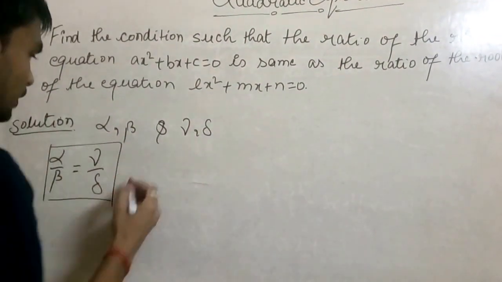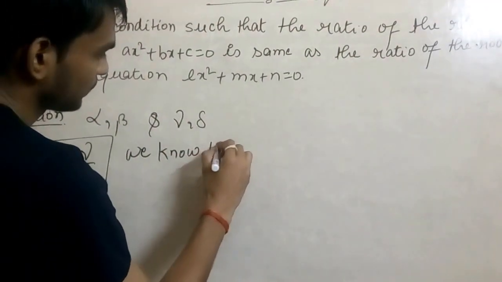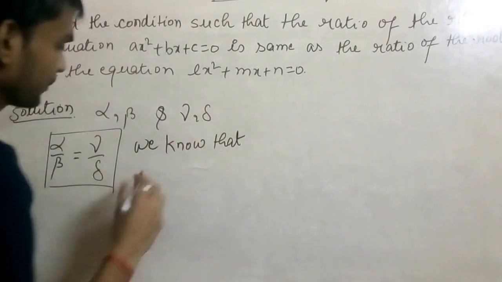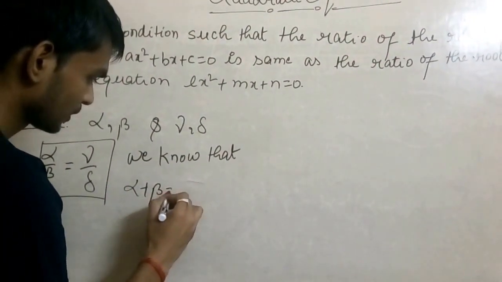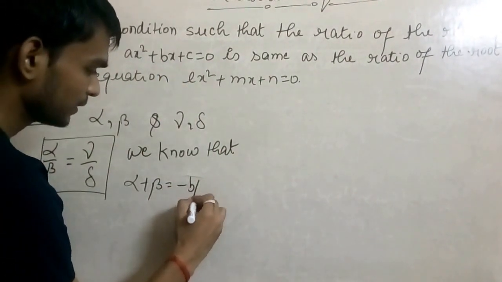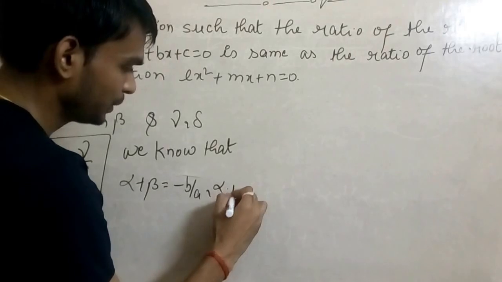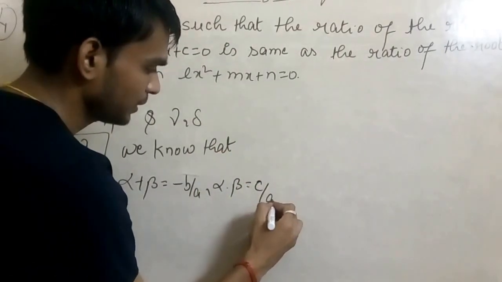So we know that alpha plus beta equal to, from this equation we get, minus b by a, and alpha into beta from this equation we get c by a.